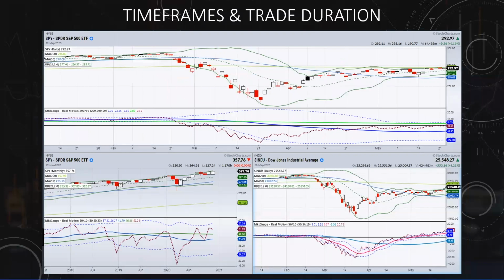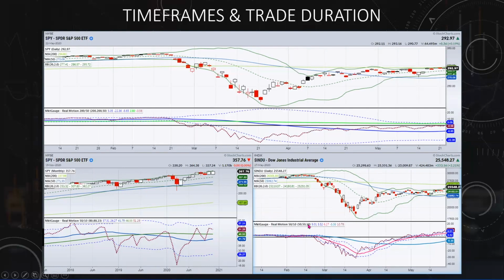Okay, so now in this particular chart, we're looking at both a daily up here. We're looking at a monthly chart, completely different reading at the same time. And over here, we've got a different reading as well in terms of the time frame. In this particular case, this is the 50 and the 10 in real motion, right?